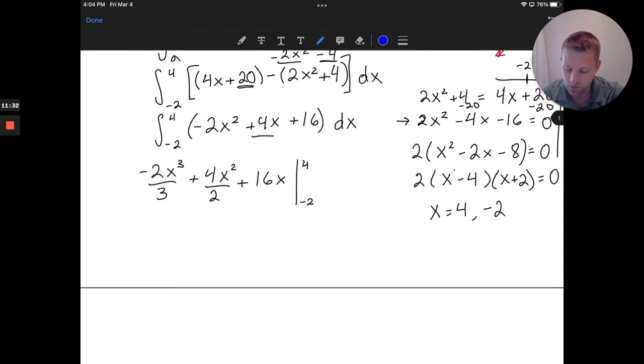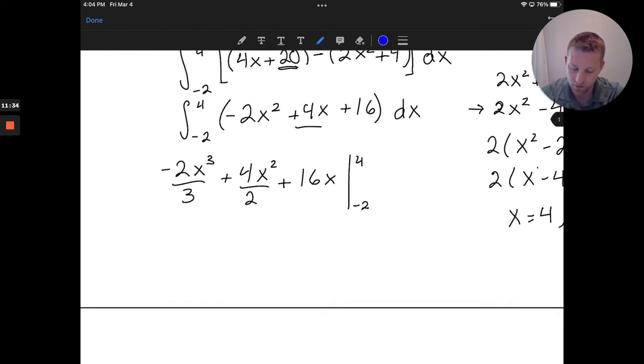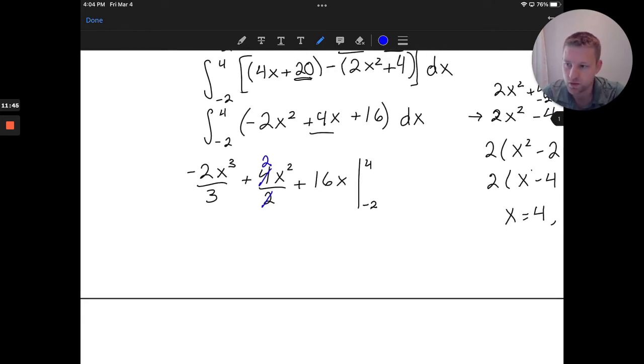All right, so let's go ahead and evaluate this. First off, we could just do some reducing here. This is really just 2x squared in the second term. That'll help us whittle that down just a little bit. So let's start with the evaluation again at 4.